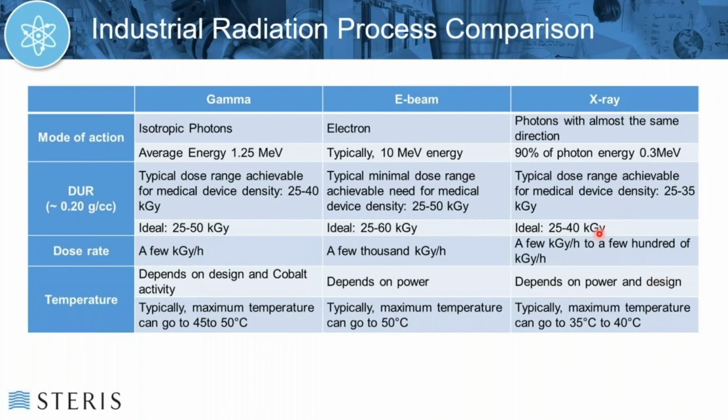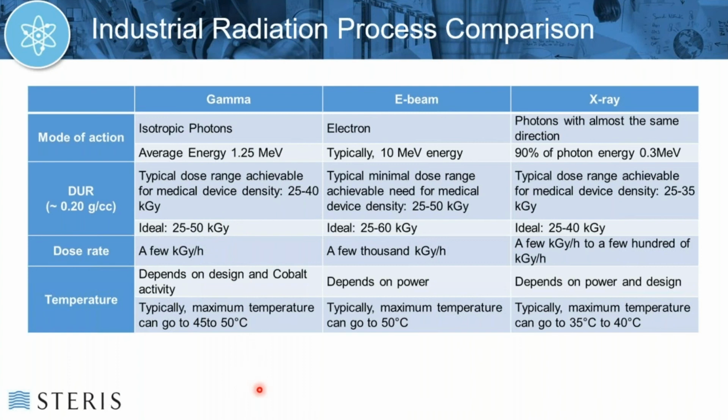So a comparison of the industrial radiation processes we have at STERIS. I'll just focus on gamma. We use isotropic photons, average energy of 1.25 MeV. Typically, dose range achievable for medical device density would be 25 to 40 kilogray. Ideally, 25 to 50 kilogray is easier for us to process.